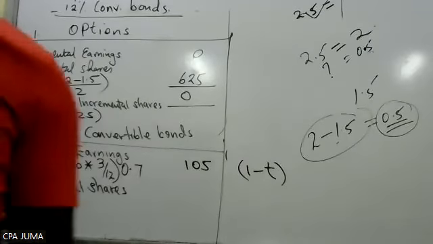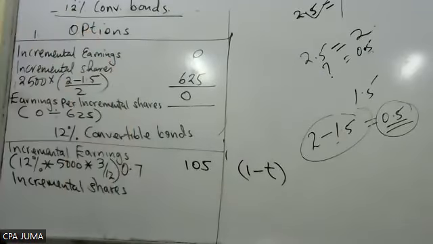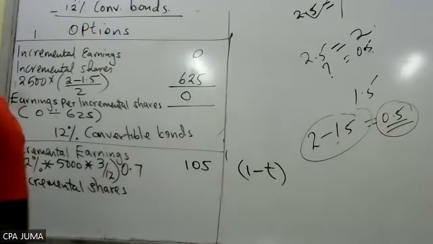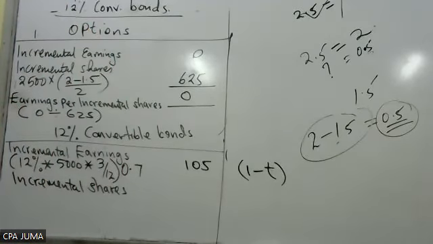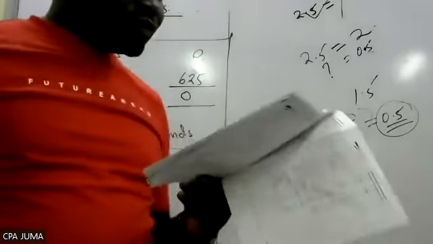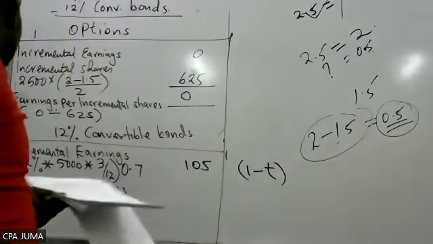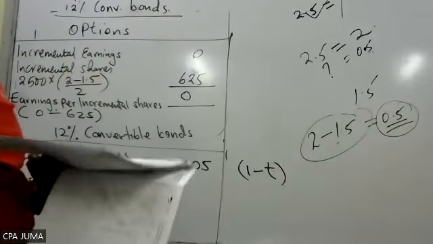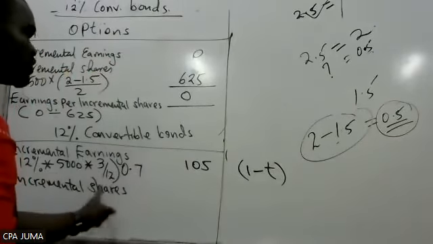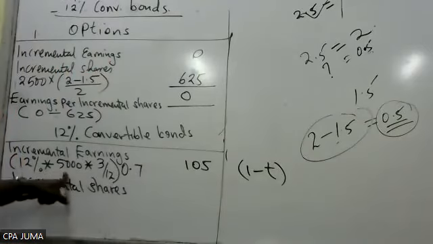So incremental shares, I want you to do this. You check how many shares you will get if you convert this 5 million.